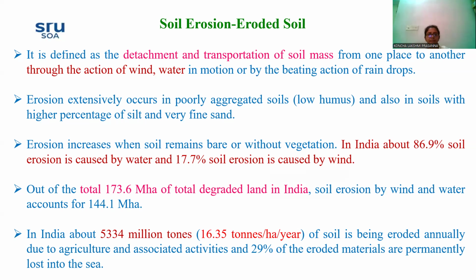If we see soil erosion from the perspective of India, about 86.9% of soil erosion is caused by water, and 17.7% is caused by wind.